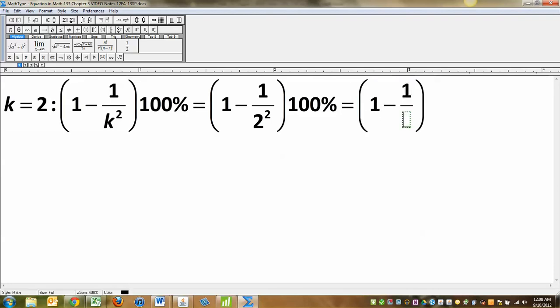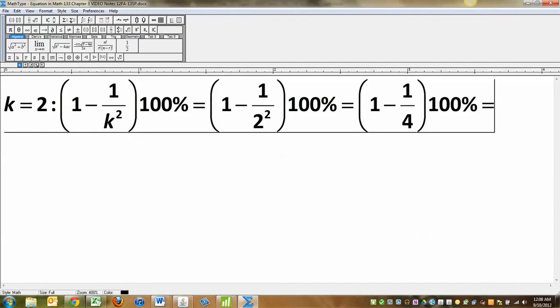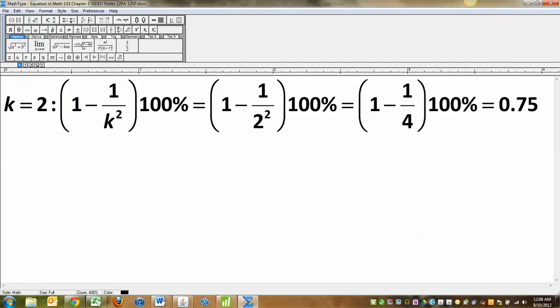Then times 100%, which is equal to 3/4, right? 0.75, 0.75 times 100%.